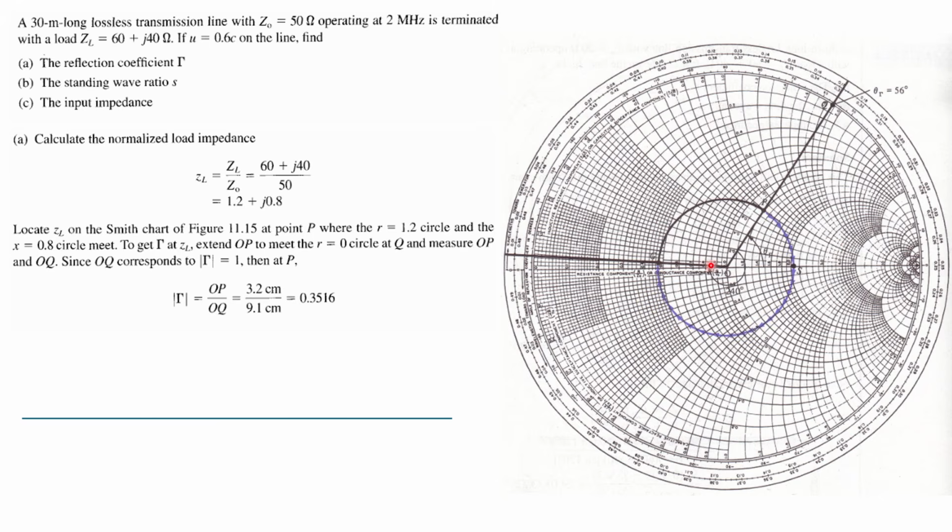So R equal to 1.2 must be in between 1 and 2. So where exactly will the point be? This is R equal to 1, this one is R equal to 1.1, and this is R equal to 1.2.